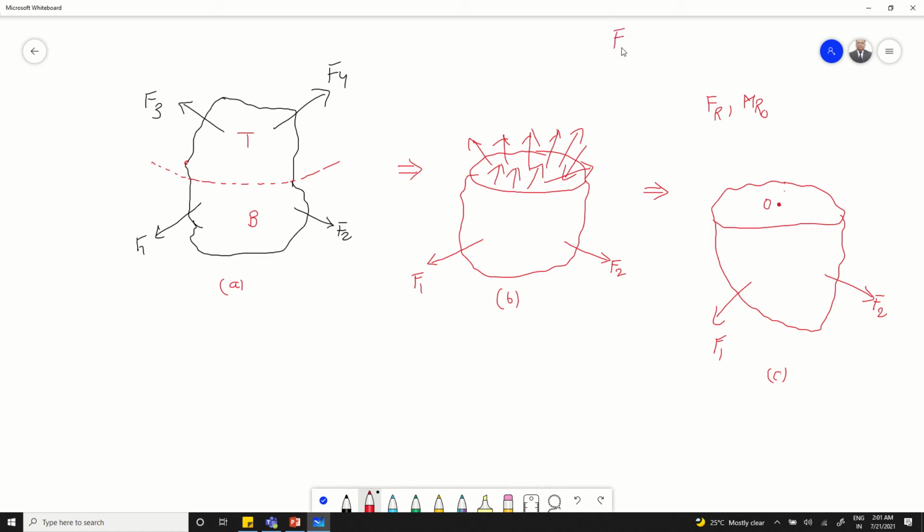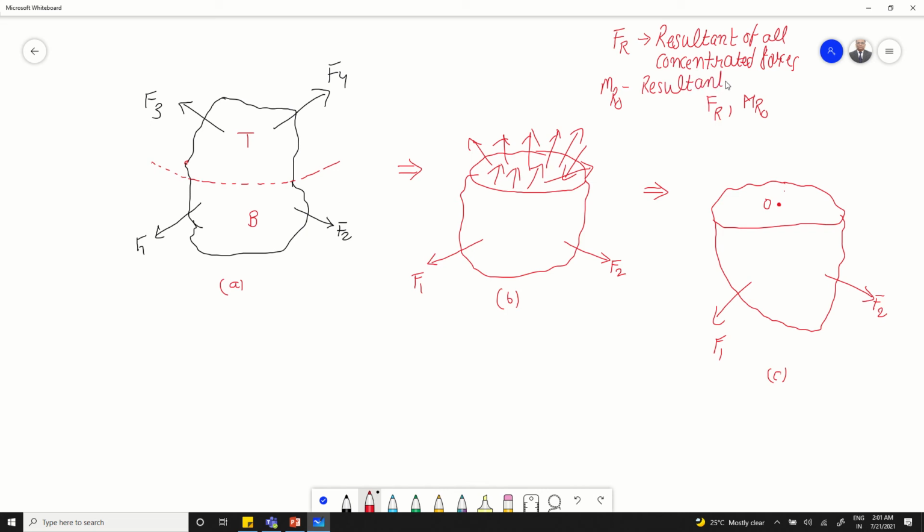So FR is what? It is the algebraic resultant of all the concentrated forces, whereas MR0 is the resultant moment due to all these concentrated forces.